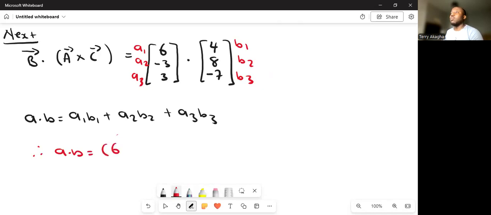So therefore, now we can say that A dot B is going to be A1, which is 6, multiplied by the B1, which is 4, plus the A2, which is minus 3, multiplied by the B2, which is 8, plus the A3, which is 3, multiplied by the B3, which is minus 7.